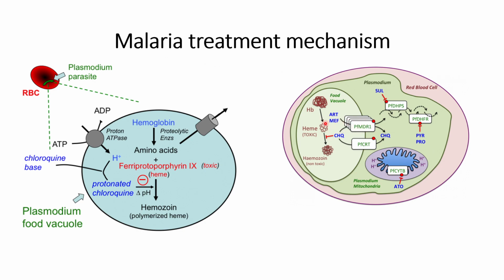PFMDR1 will also make the Plasmodium resistant towards MEF, and ATO works similar to chloroquine. That is, it prevents the formation of heme, or the work that is done by chloroquine in the food vacuole is done by ATO in the Plasmodium mitochondria.